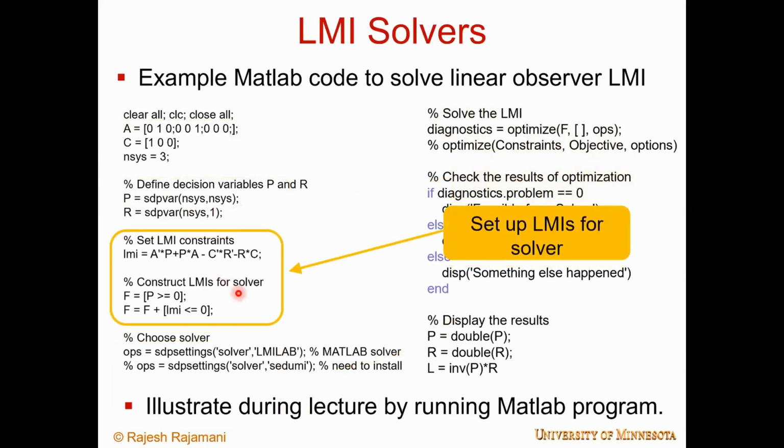This is how the LMI constraints are set up. So it's A transpose P plus PA minus C transpose R transpose minus RC, and this is exactly what we had on the previous slide, and this is how we set it up. This is the syntax for setting up the LMIs for the solver.